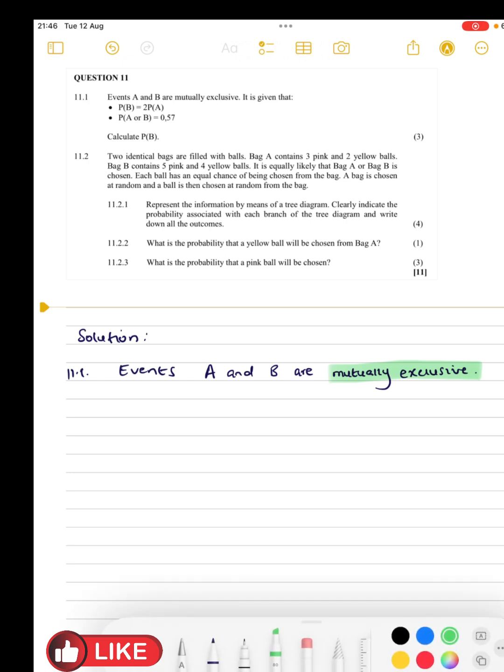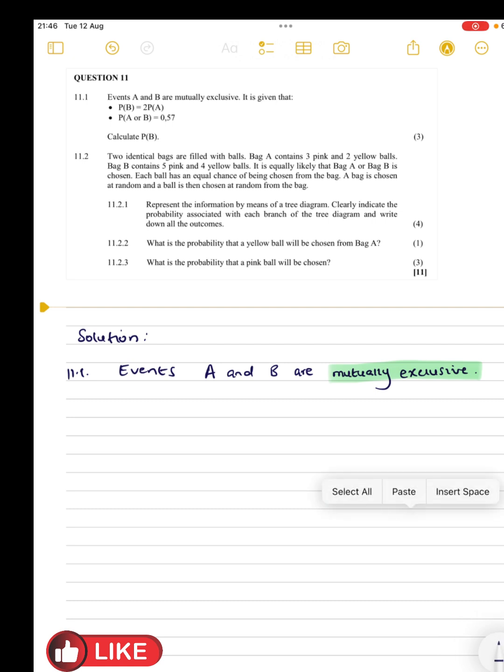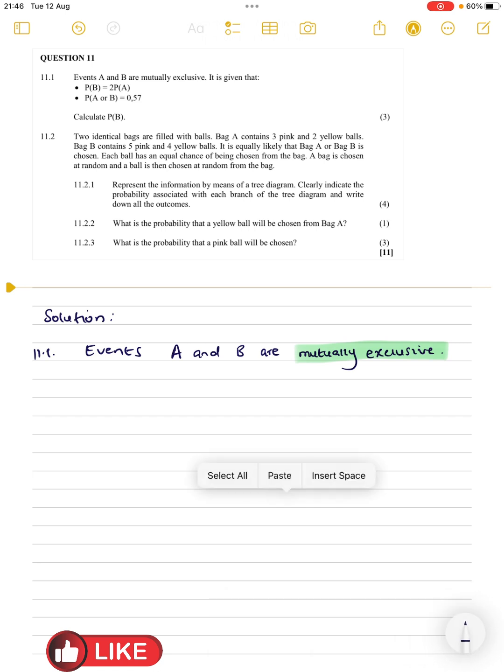Because when we say events are mutually exclusive, we are trying to say that the probability of their union, which is A or B, some will write it as A union B, is equal to the probability of A plus the probability of B.